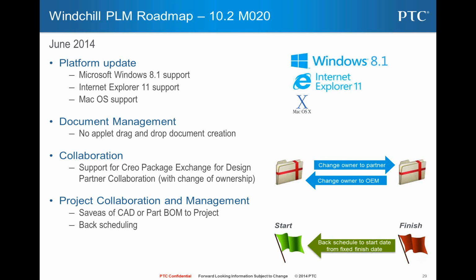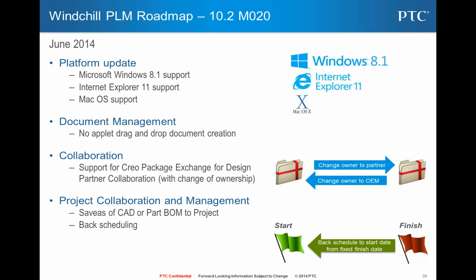So you could create a skeleton design, hand it off to your design partner, give them ownership for all or some subset of it, and they might develop, design, if you will, a subassembly, which they then return to you. You take ownership back and import it into Windchill and selectively identify the changes that you want to accept, if not everything. So this facilitates interactions with design partners where you're not able to invite them directly to participate in Windchill.